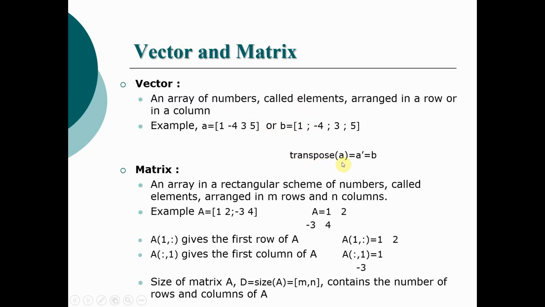You are all familiar with the concept of matrix transposition. If we transpose A, we get B. If we transpose B, we get A. Basically, when you transpose a matrix, you replace its rows with columns.